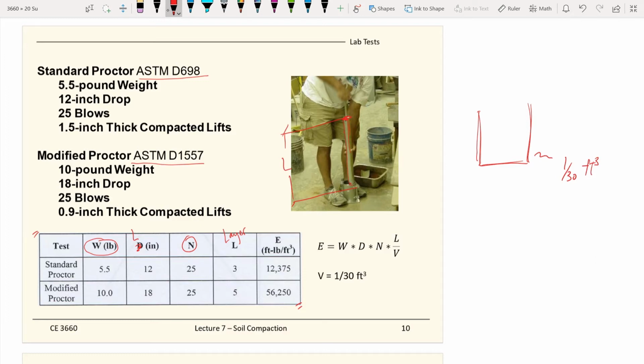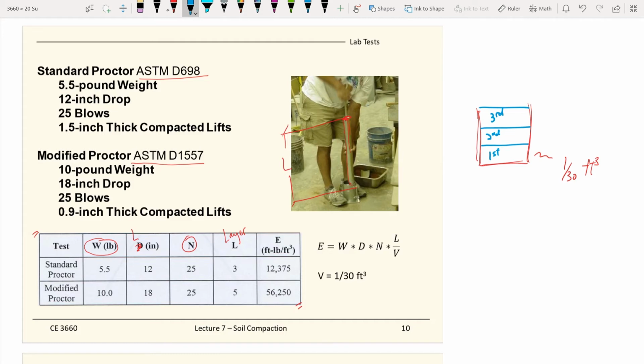For the standard Proctor, you have 3 layers to fill up the confined mold. Let me use another color here. So this is the mold, and you have first, second, and third layers. Each layer, you use the hammer to hammer the layer 25 times.